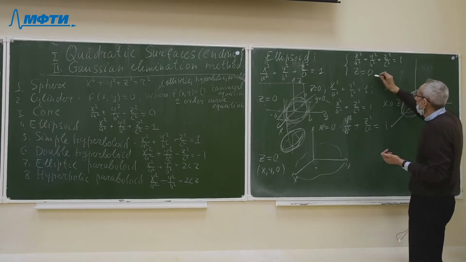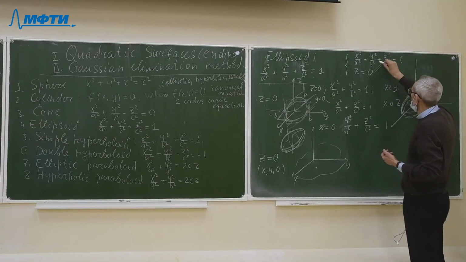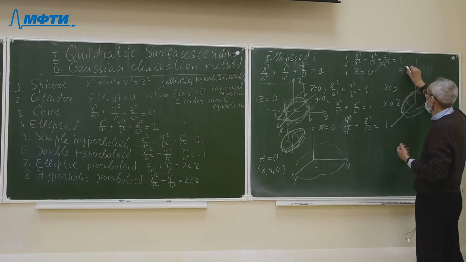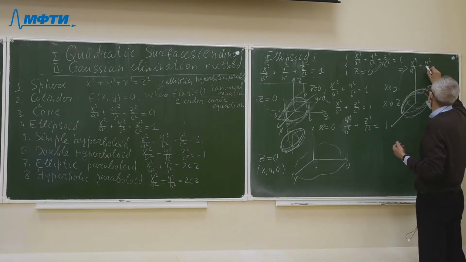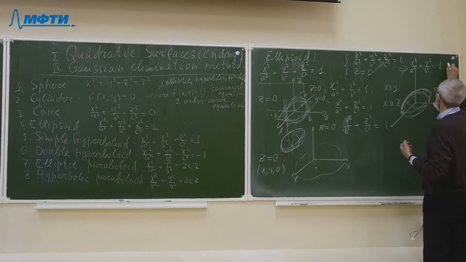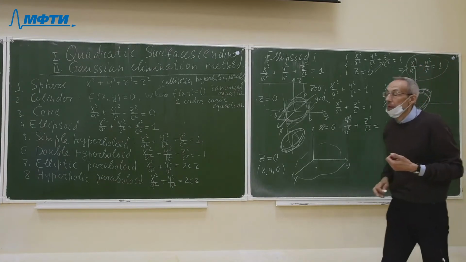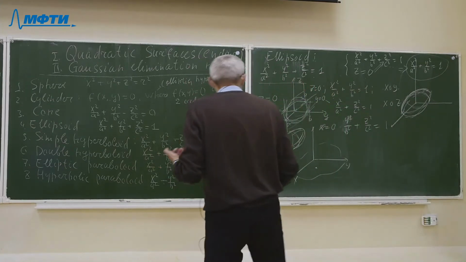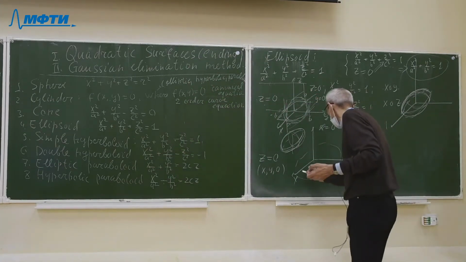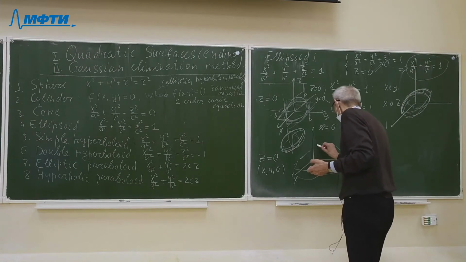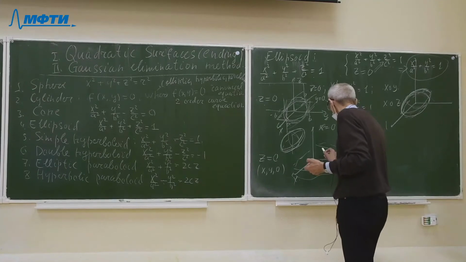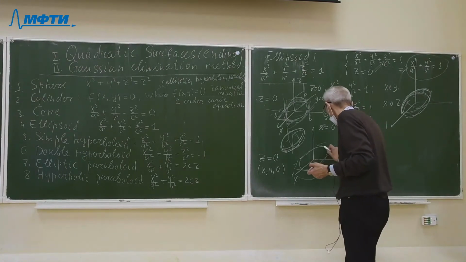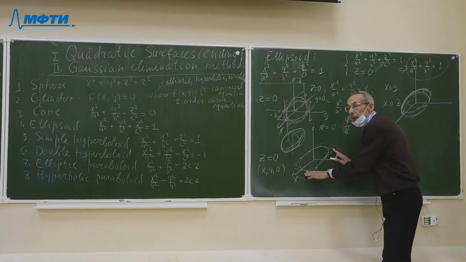And if we substitute z is equal to 0 in this equation, we obtain the equation x squared divided by a squared plus y squared divided by b squared is equal to 1. And we obtain the equation of an ellipse. And we obtain that the section of our quadratic surface by this coordinate plane x o y is the ellipse. And we draw the ellipse in the coordinate plane. Okay?